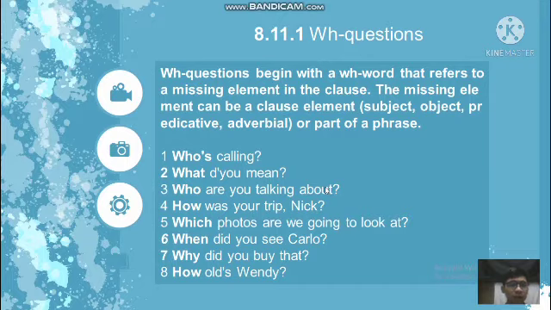Below, as you can see, number one: who is calling, or who's calling. In these examples, 1 to 8, we can see the role of the WH word.